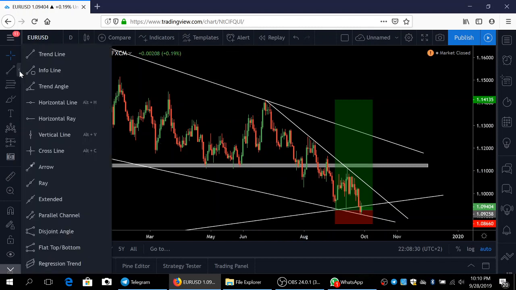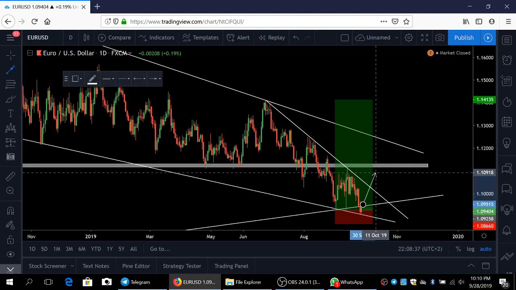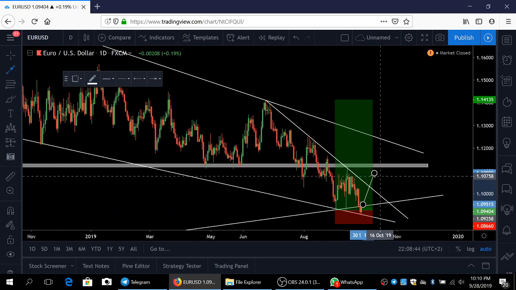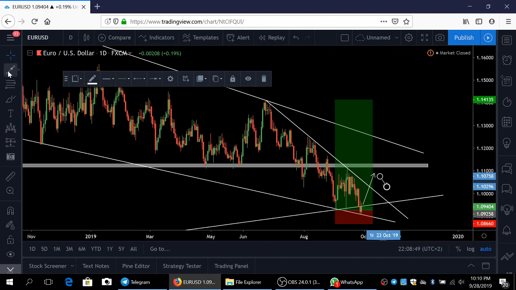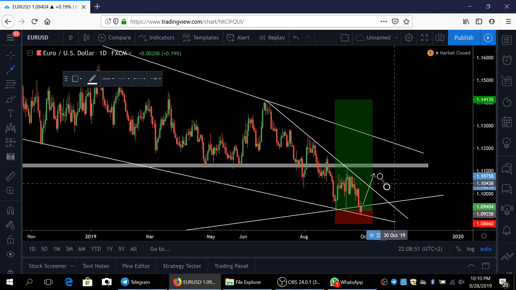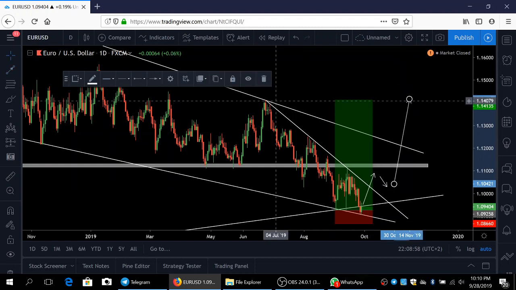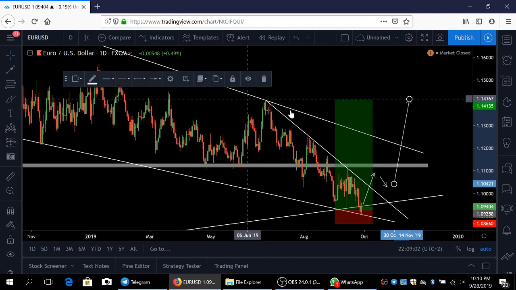So as you can see, I've also drawn a trend line there. So if we manage to breach this trend line, I'll be looking for something like this, some sort of trend line retest, then hopefully a bigger move to the upside, where we'll hopefully take full profits here at this zone, which is the beginning of the trend line.